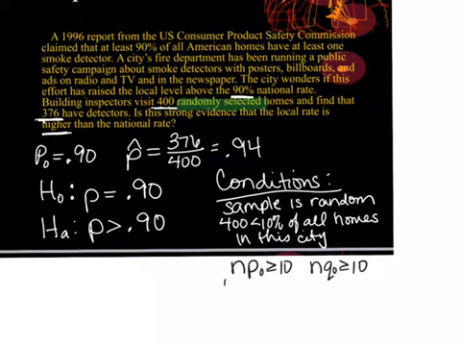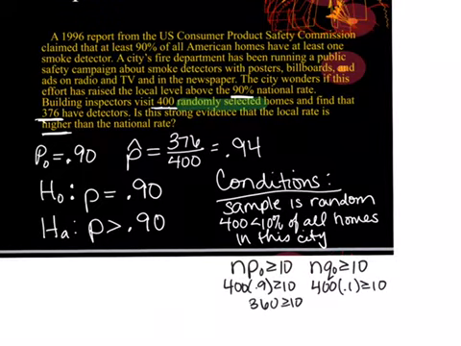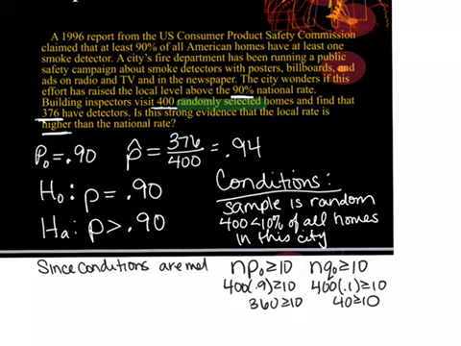So this is 400 times 0.9 and 400 times 0.1, which is 360 and 40. And then we can say since conditions are met, a normal model is appropriate.